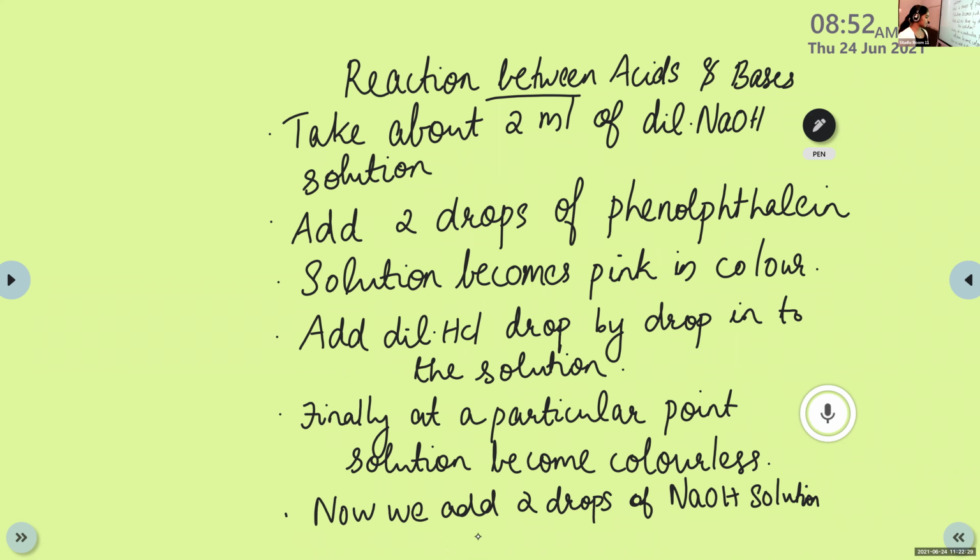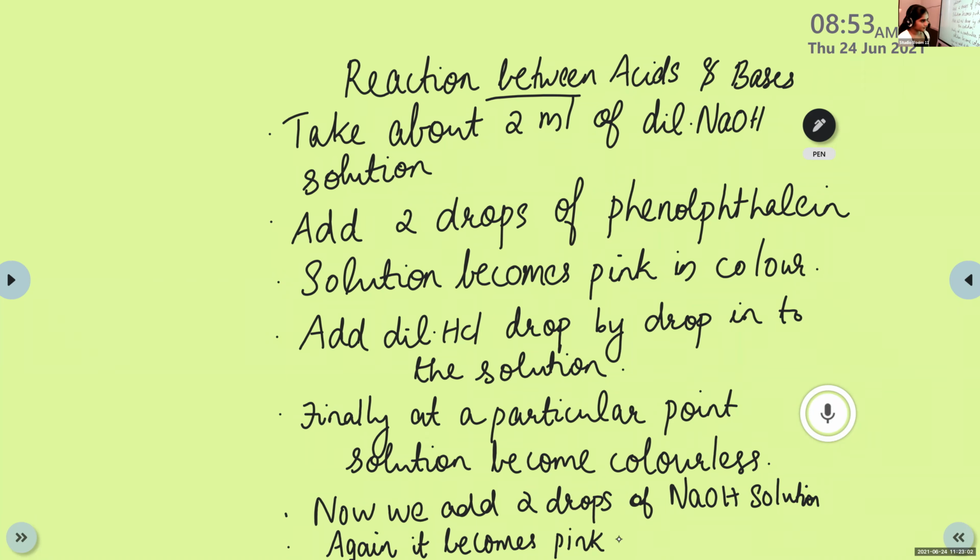It becomes pink because now there is an excess of NaOH solution in that solution. That's why it becomes pink. Excess of base is there. Before that we had neutralized that solution. Again we add base into that solution and it creates that pink color.